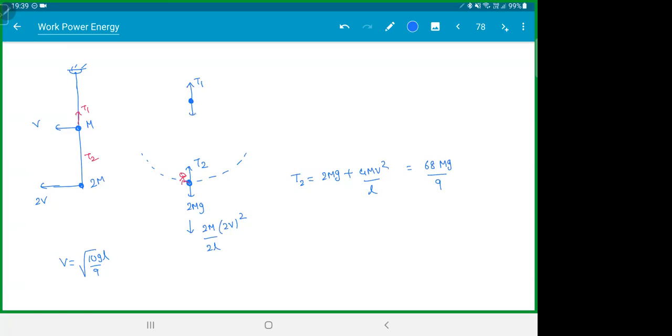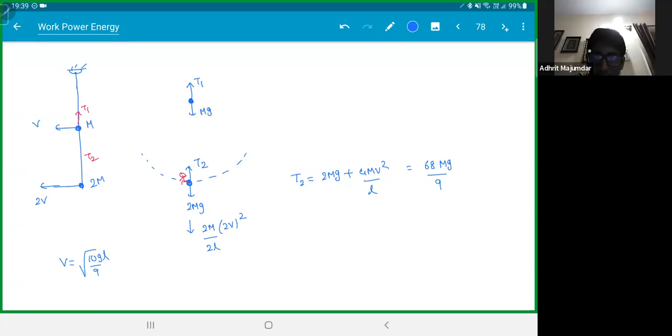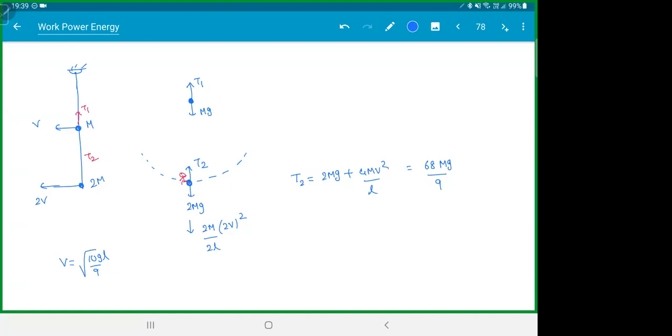T1. It is your own weight mg. And the tension T2, and you also have a centrifugal force.